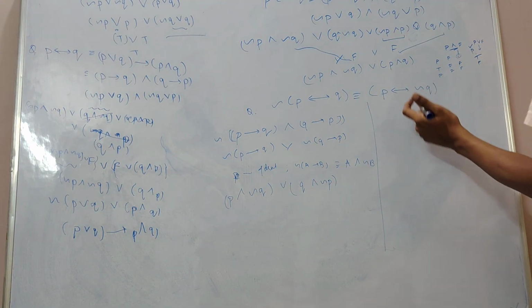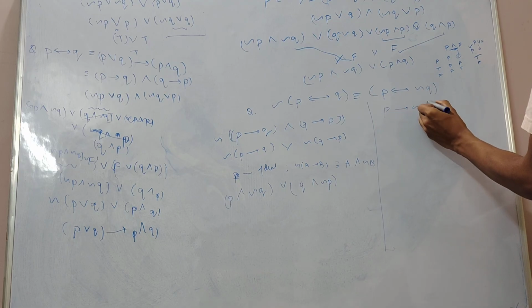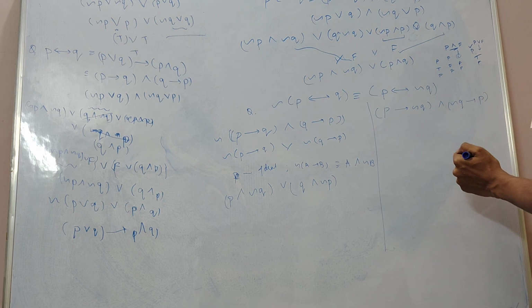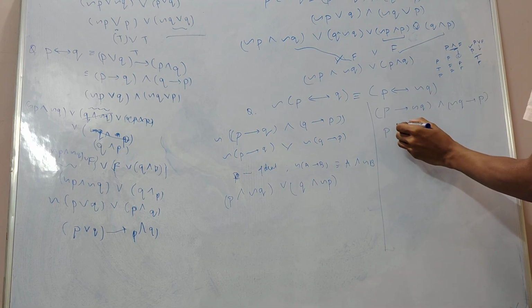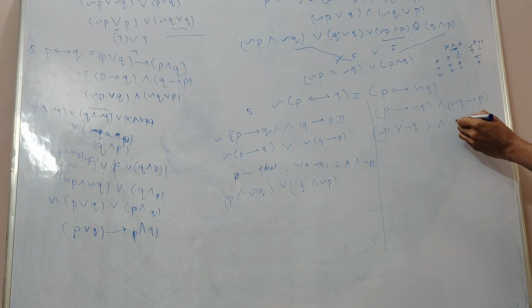And I can write this as P implies negation of Q and negation of Q implies P, right? And then I can write this as negation of P or negation of Q, and Q or P, right?